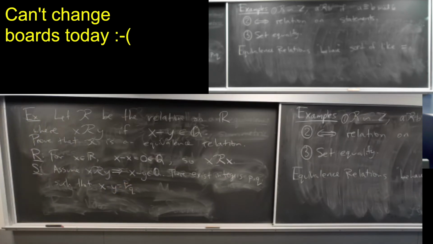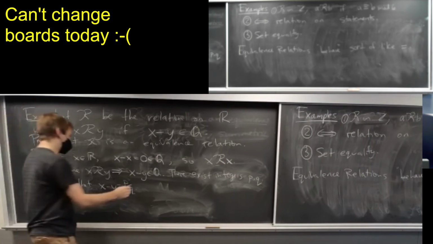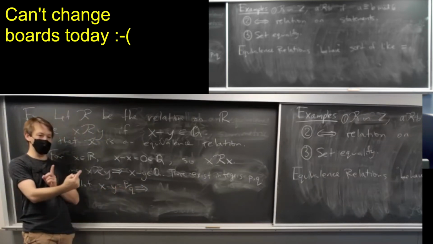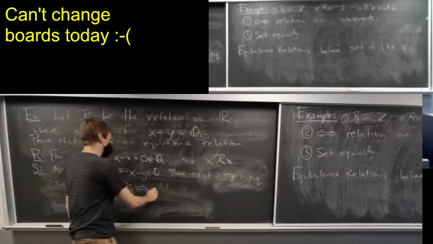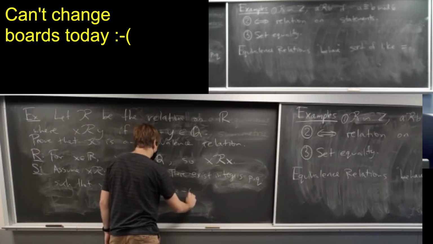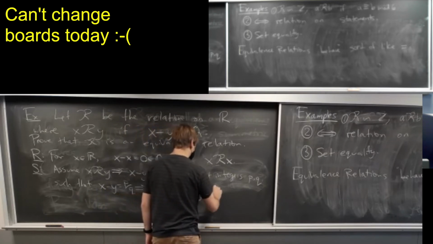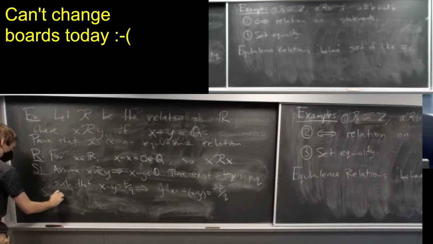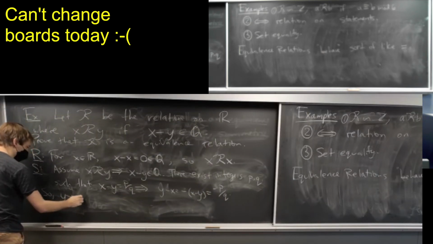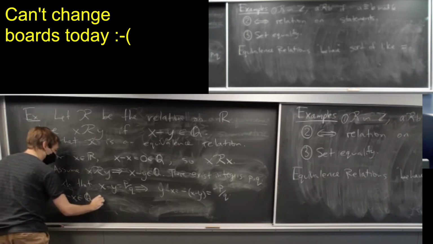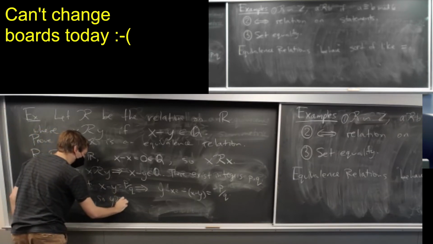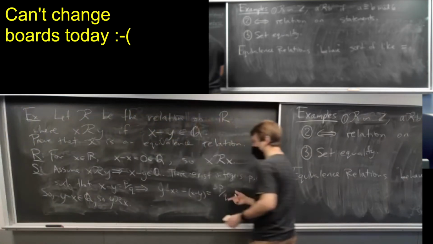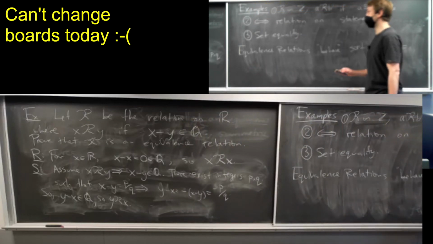That's what rational means. But of course, if x minus y is p over q, then y minus x is just the negative of that. So y minus x is the same as negative of x minus y, and that's negative p over q. So y minus x is rational, so y is related to x, because if p and q are integers, then negative p is also an integer.